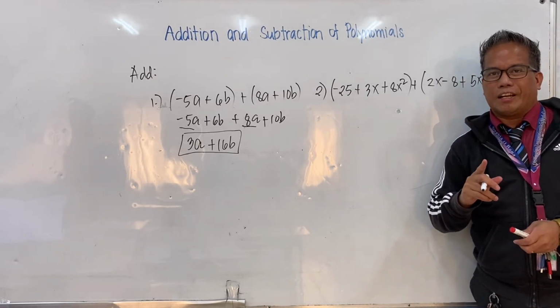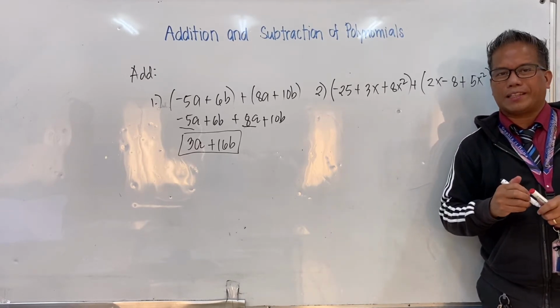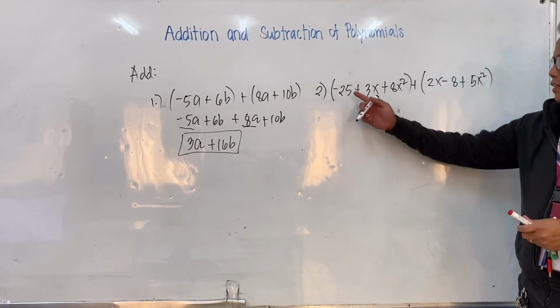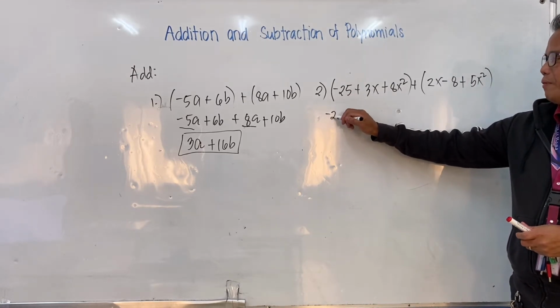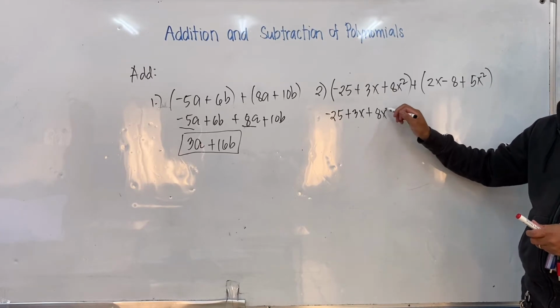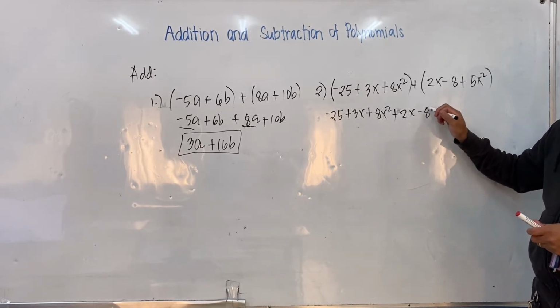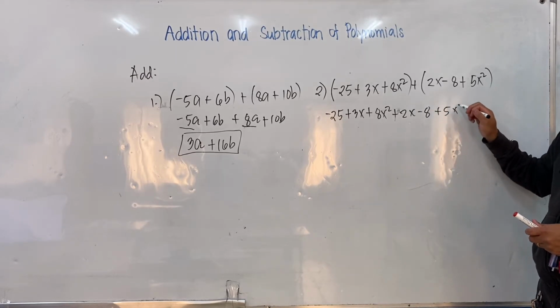Again, as I said, if it is addition, all you have to do is remove the parentheses. So just copy negative 25, positive 3x, positive 8x squared, plus 2x minus 8 plus 5x squared.